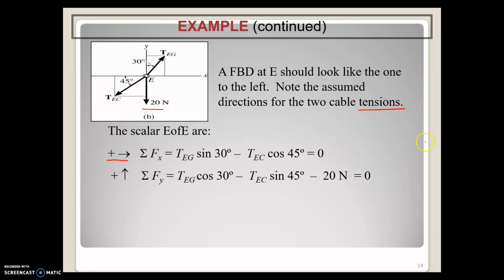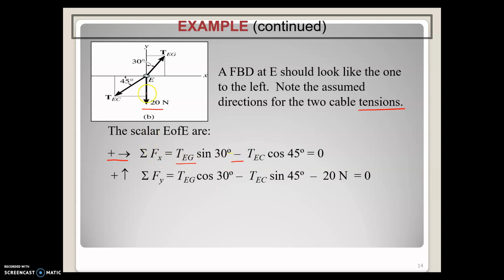Sebab dia memudahkan you untuk write down equation dekat dalam ni. Okay. Sebab kalau you tahu force dia ke kanan, okay, TEG ni force dia kat side kanan kan. So dia positif. Kalau TEC ni side dia belah kiri, okay, kiri x-axis, it is negative.